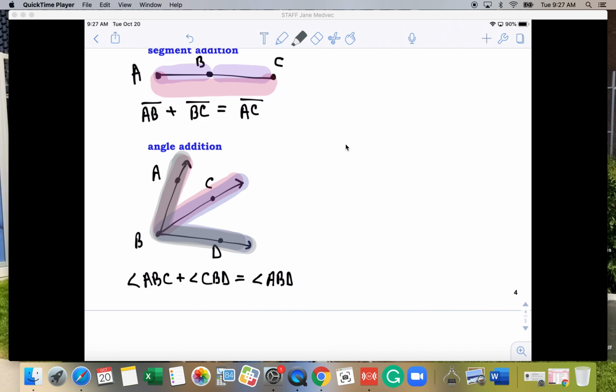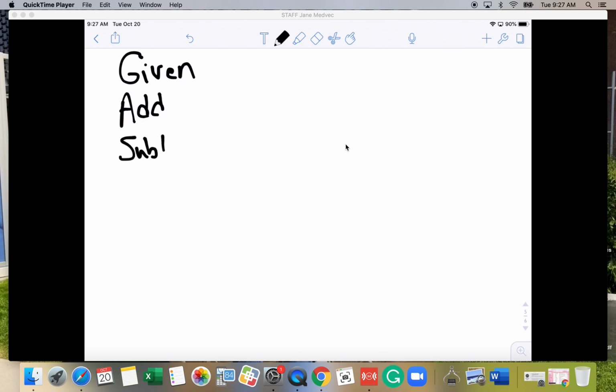So like I said before, what I would do is create some kind of a sheet that's going to help you with proofs. If you remember from yesterday, the givens are kind of like, duh, okay? We had addition or add. We had subtraction.